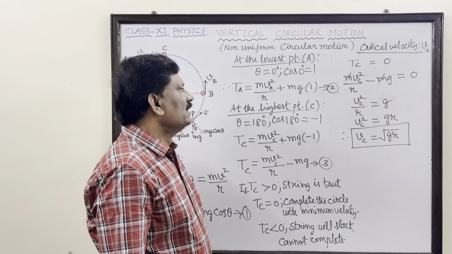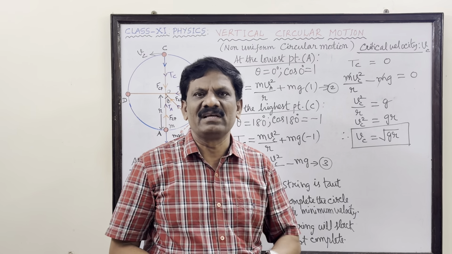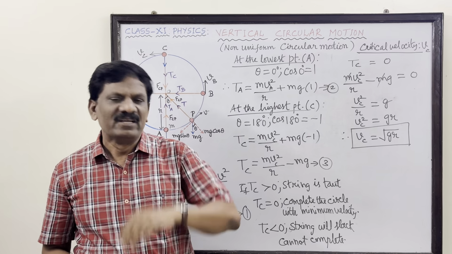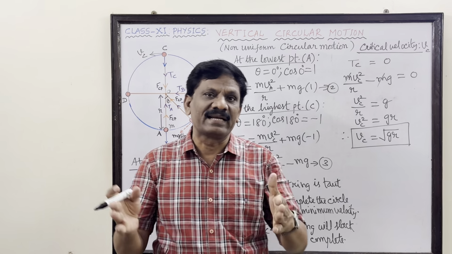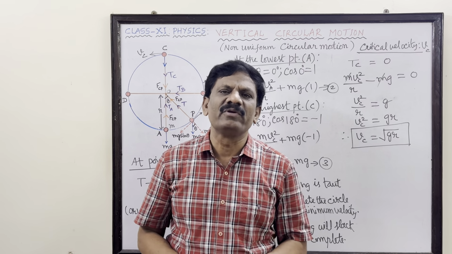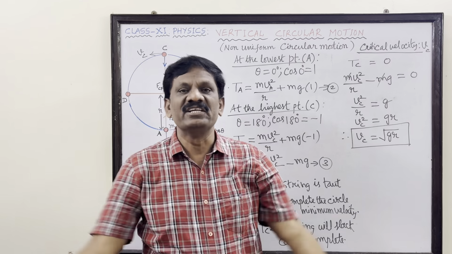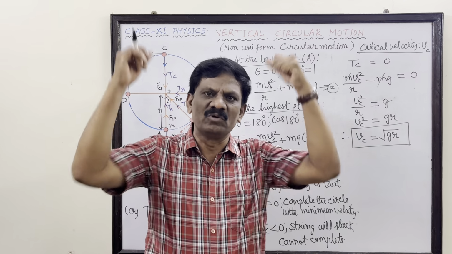So this is one part of the derivation only: derive an expression for the minimum velocity required for the body to complete the vertical circular motion. For example, in a circus you can see a globe, a cage, inside which a motorist performs vertical circular motion.